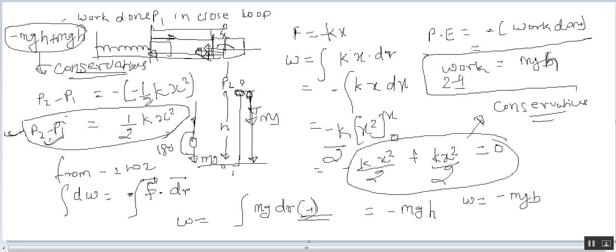Potential energy will be associated with the gravitational force.